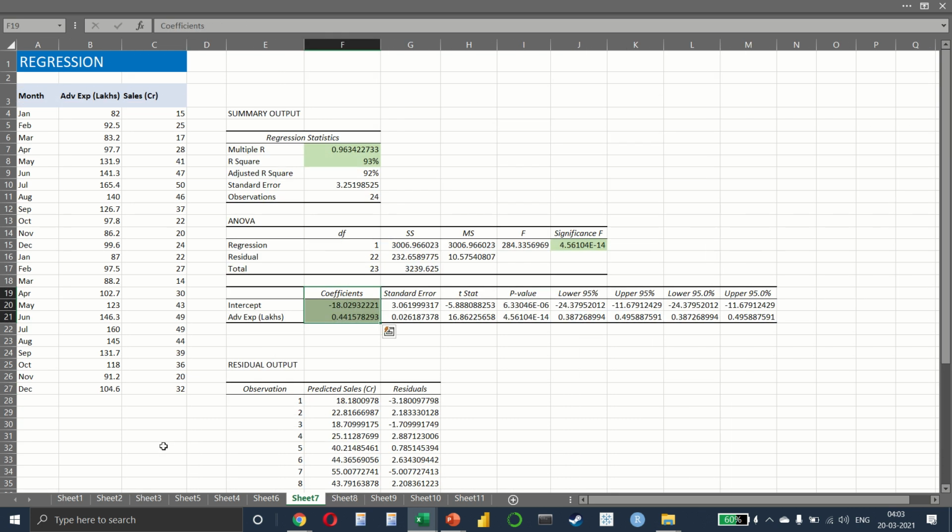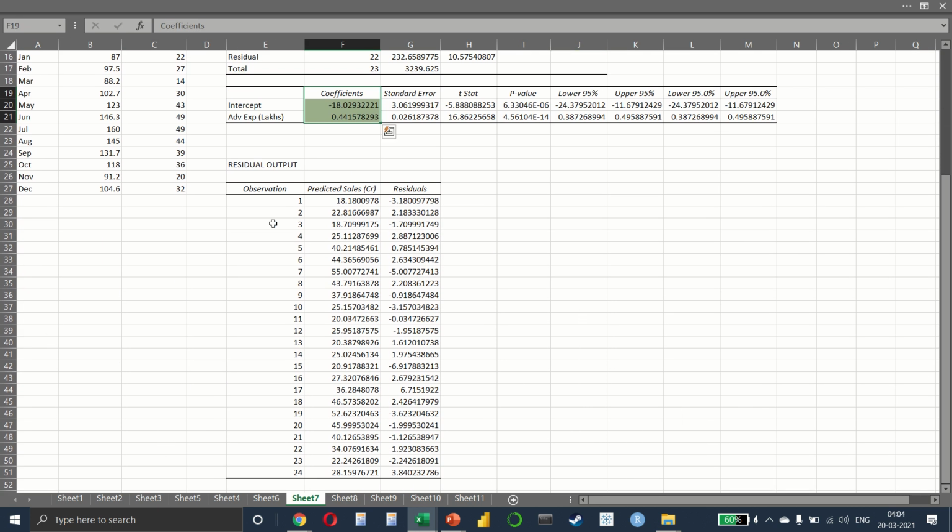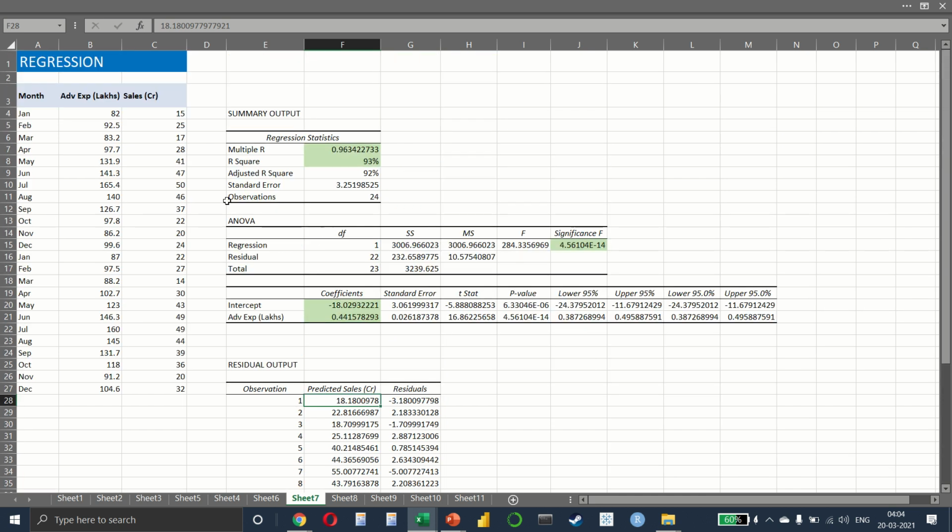And now if you go back, you can see the residual output is essentially calculating the predicted sales using the same equation for the 24 months of data that we already have with us. What that means is, if you look at the first number, it says 82.